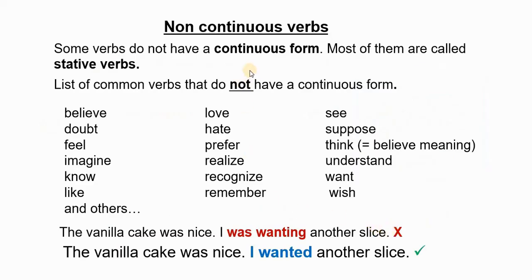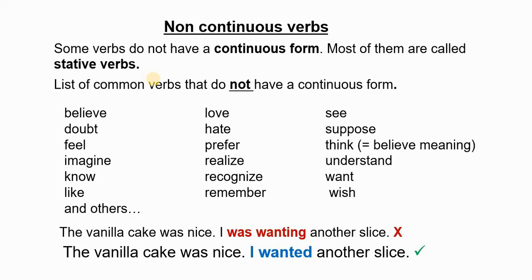So let's move on to non-continuous verbs. There are some verbs in English which do not have a continuous form. Most of them are called stative verbs, because most of the time these are called stative verbs.